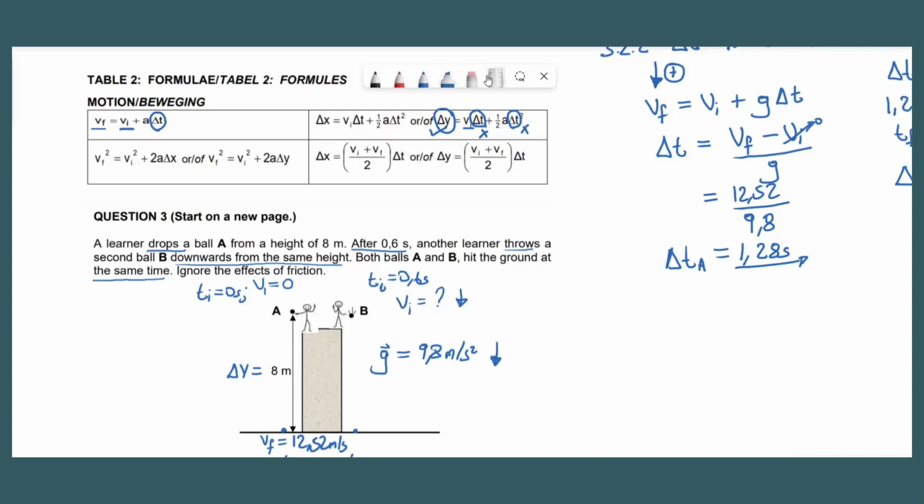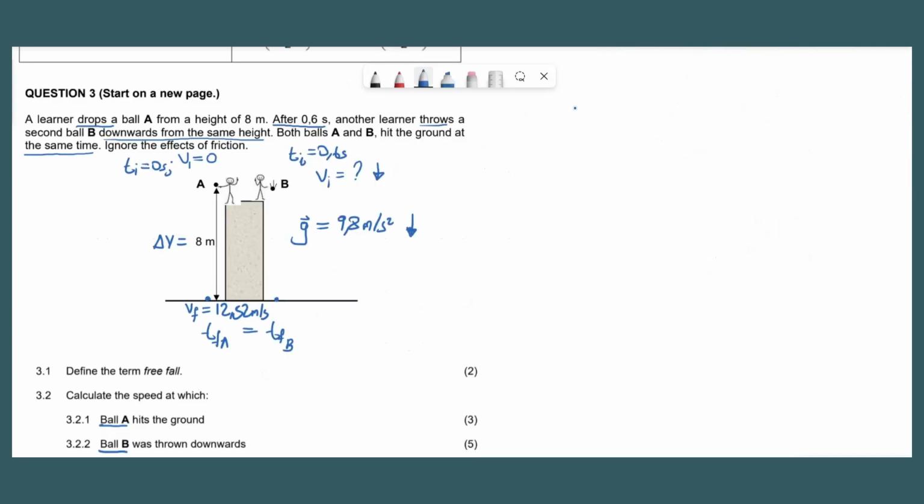We now do have the change in time, meaning that we have got enough information to find the initial velocity of ball B. So for the final step of 3.2.2, we are still taking downwards as our positive direction, and we are going to use the equation delta y is equal to vi delta t plus half g delta t squared, right?